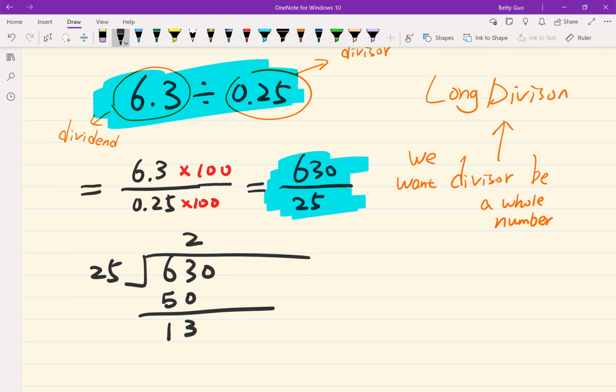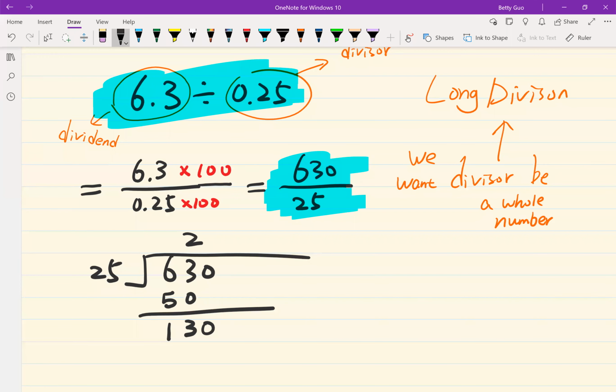Could 25 go into 13? No, it's bigger than 13, right? So now we're going to bring down the next digit, the 0. We're going to have 130. Okay?